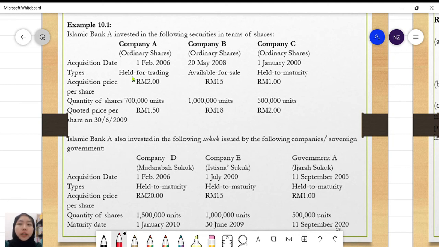One is held for trading, meaning the shares are for selling and buying, not yet sold. So it is still with us, but it is for sale and for someone to buy from us.